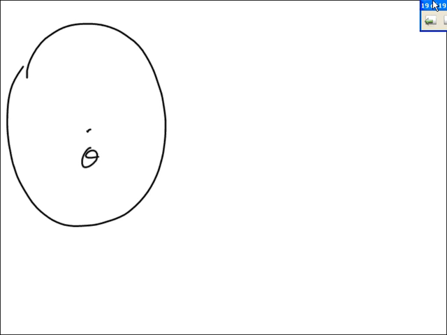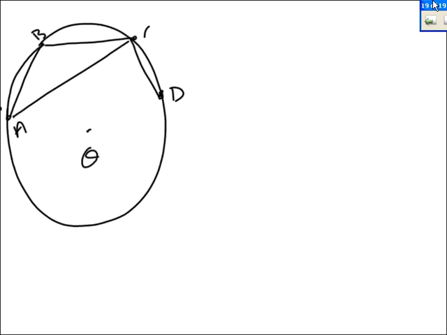The center is O. You have point A. You have point B. You got C and D. AB, BC, CD, AC, and of course CD.